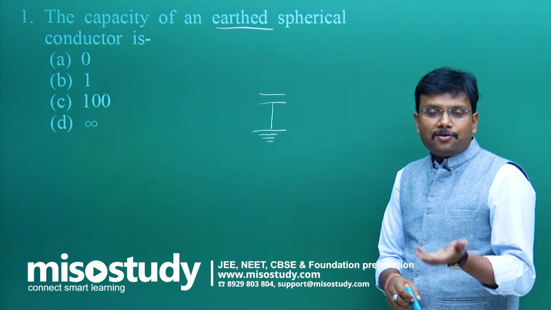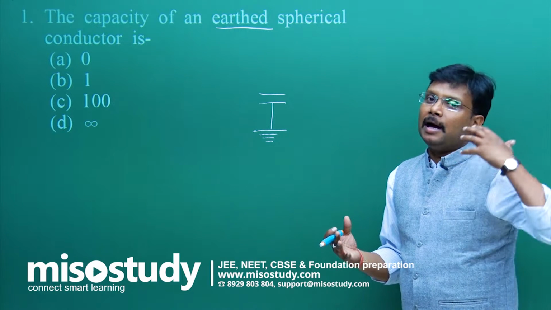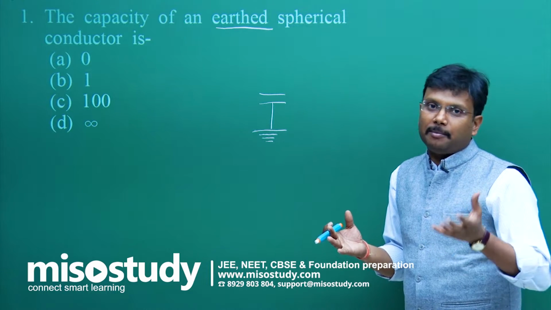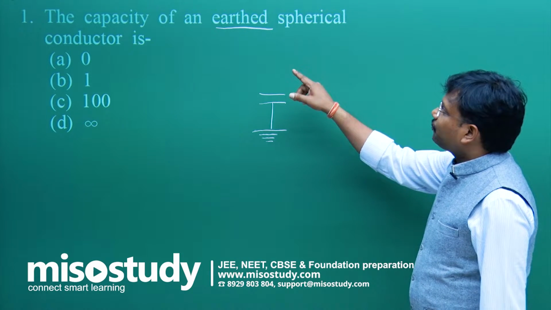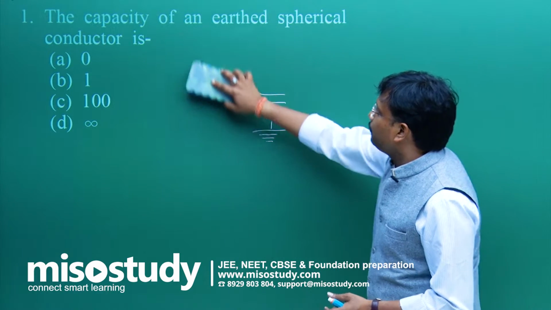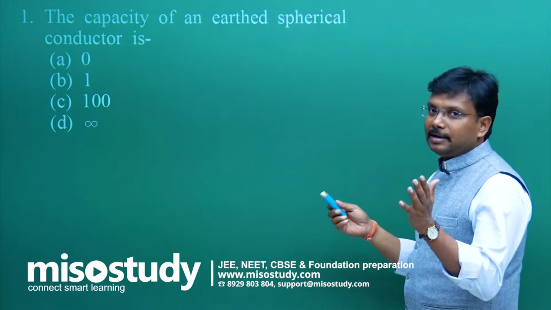Fine. And as you know, earth is an infinite reservoir. You may take out an infinite amount of charge and you can provide an infinite amount of charge to the earth. Okay. So, earthed spherical conductor. Fine. So what we will do, we will first try to draw this simple diagram.